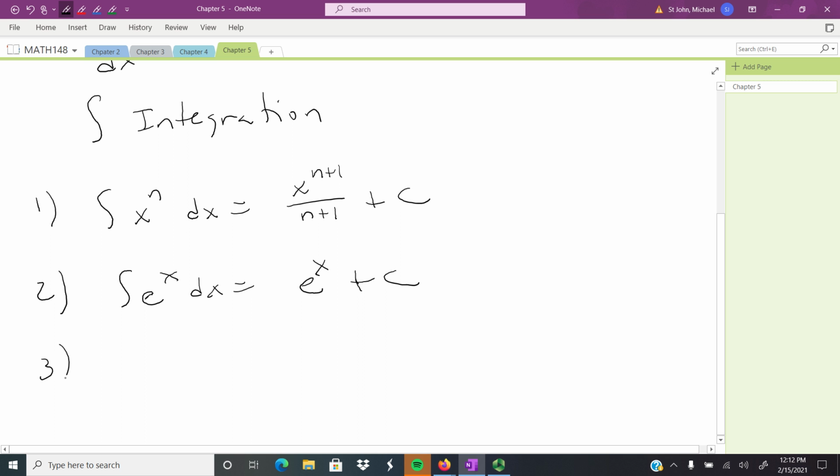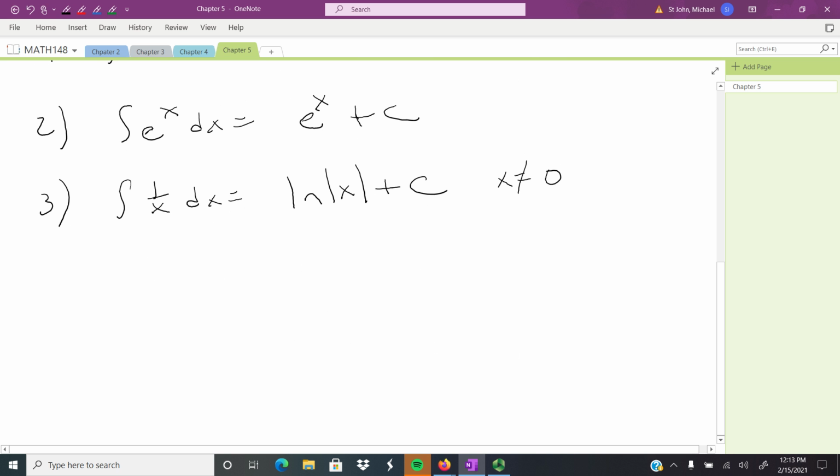And the third one, integral 1 over x dx is the natural log of x plus c. Okay. So this one, n cannot be -1, and here x cannot be 0.